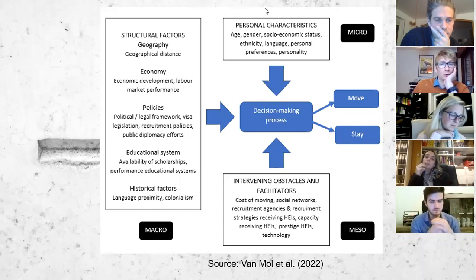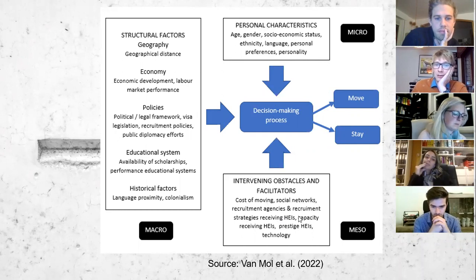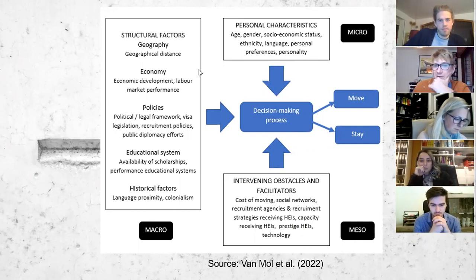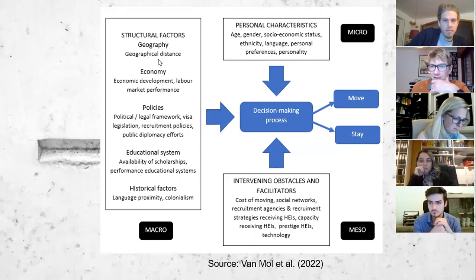And we know from different studies that these personal characteristics matter. We know that the cost of moving, mentioned by Barbara, and the social networks play a role. But also, remember, in the previous hour, we were talking about higher education institutions who have quite specific strategies to attract students. The prestige of higher education institutions might also matter. And then you also have these structural factors, right? Students generally, just like international migrants, do not tend to go to the destinations that are farthest away, but are more likely to move to places nearby.